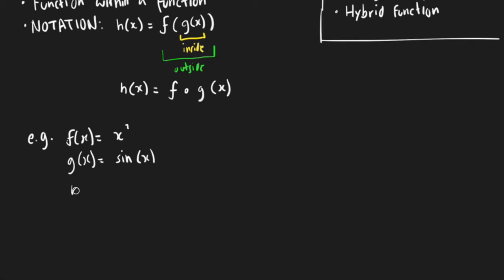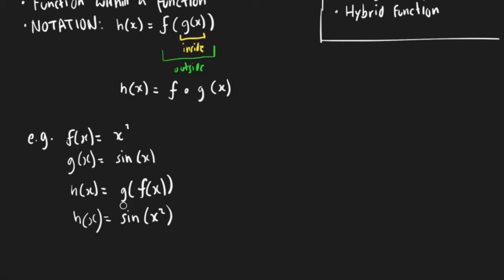I'm going to make a composite function where I put the f inside the g. So g of f of x. What that's going to turn out is sine of x squared. That's what that new function is.